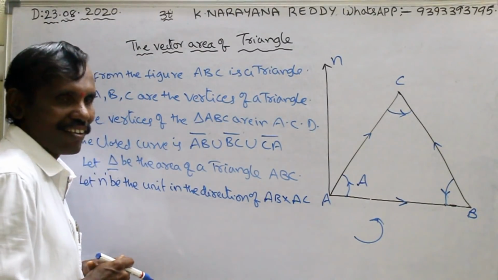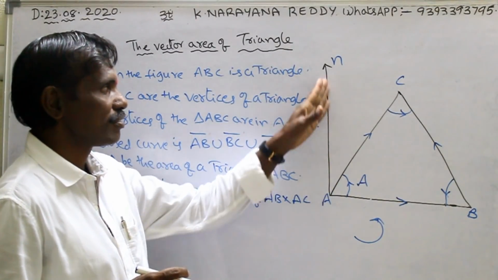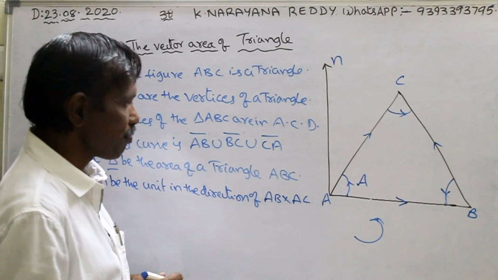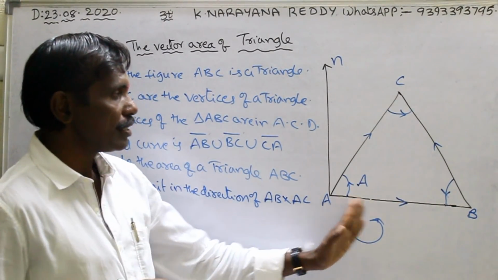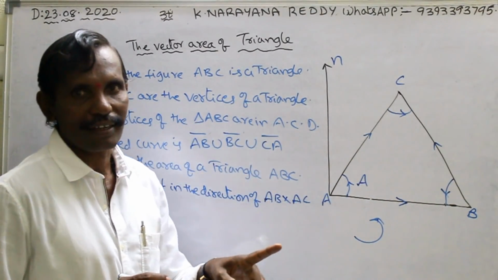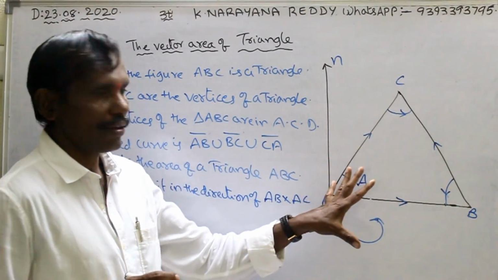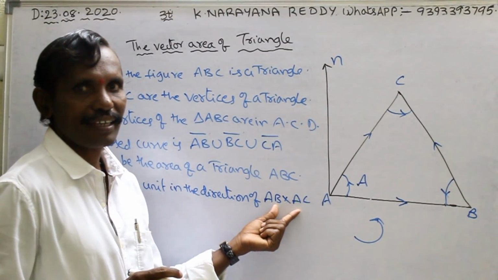Why are you taking the cross product? Because there is no height now. Area of a triangle is half into base into height, but here there is no height, only directions. That is a closed triangle. That's why you are taking AB cross AC.